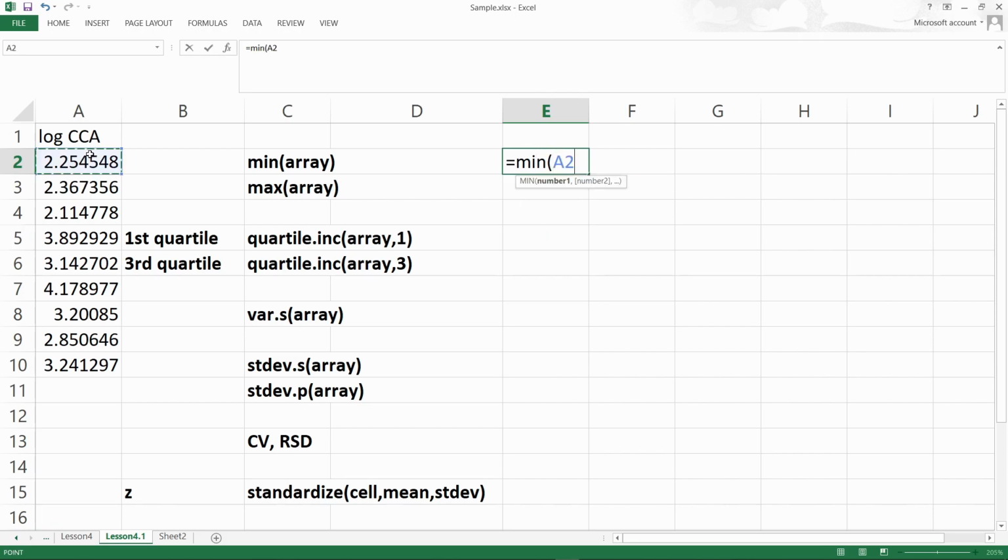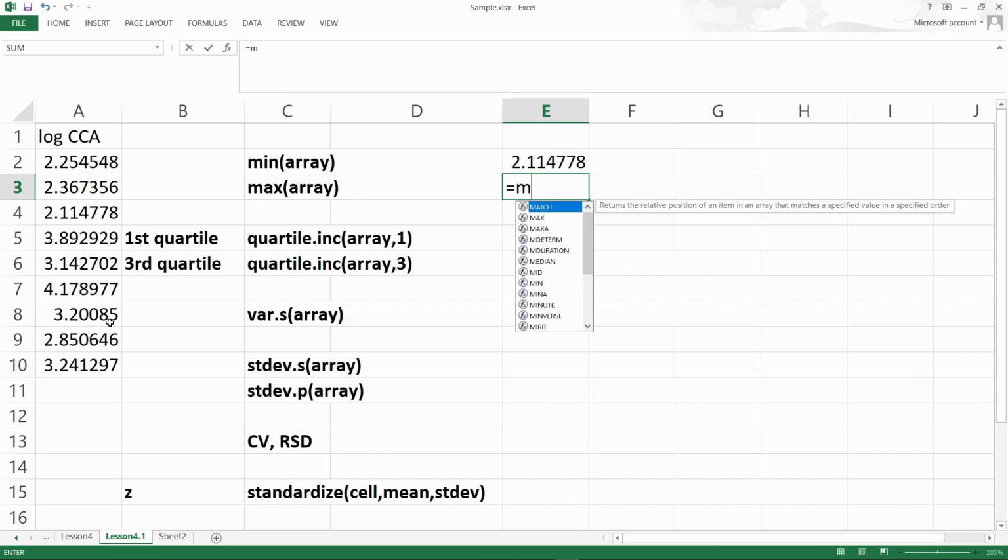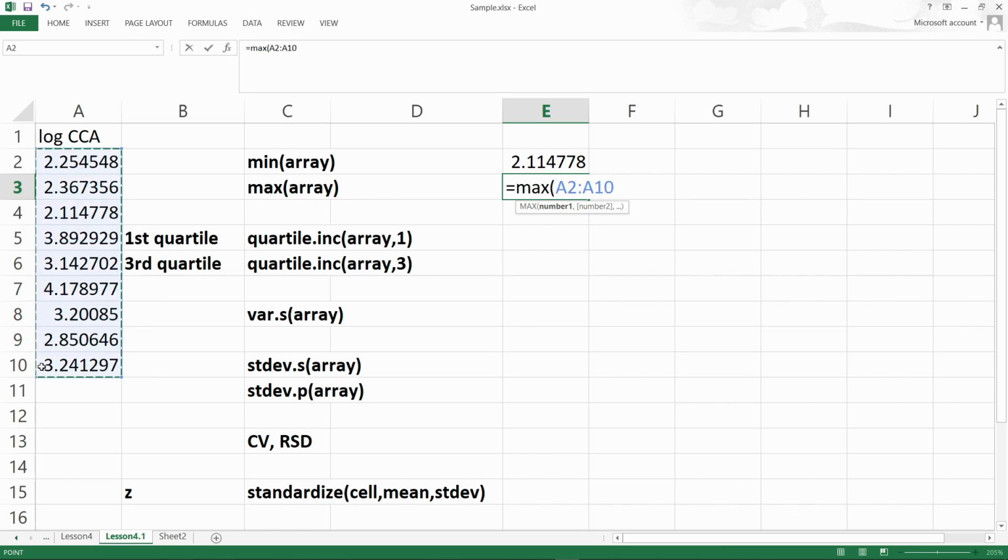The array is the cells that you want to include, so highlight them, close the bracket, and that is your minimum value from your sample range. For maximum value, it is the same procedure. You type MAX and you highlight the array, and you have the maximum value here.